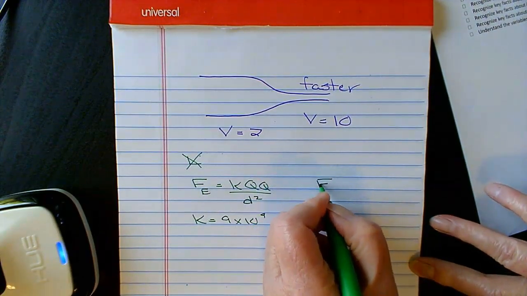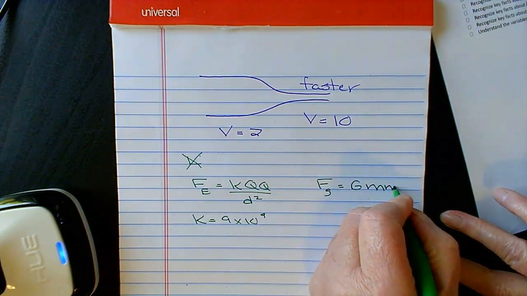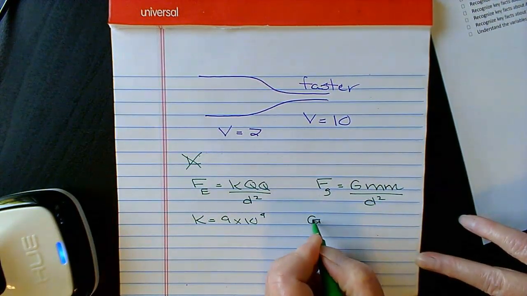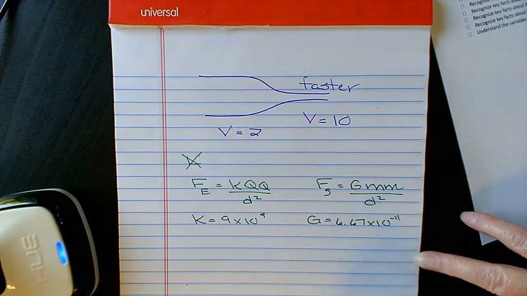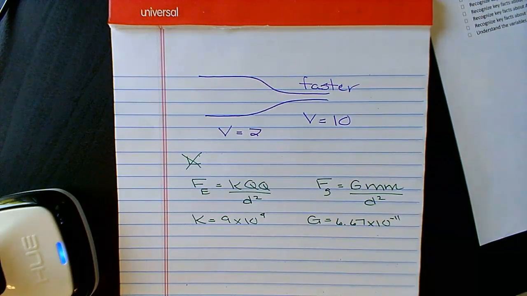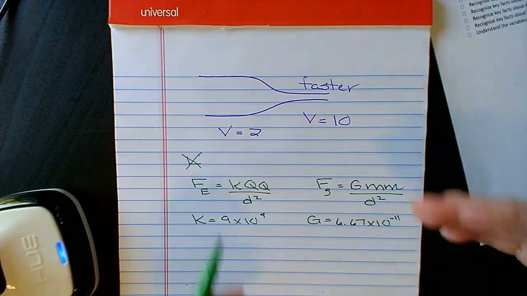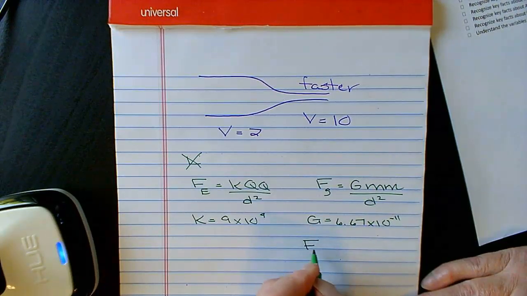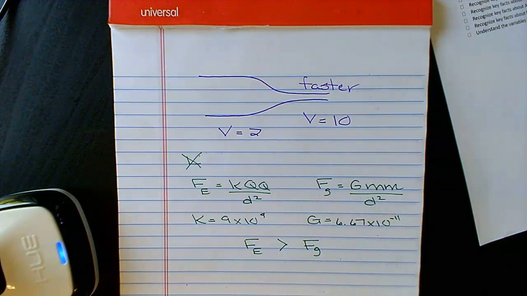And we can compare that to the gravitational force between 2 masses, where we have a constant of 6.67 times 10 to the minus 11. And it's just looking at the symmetry of those equations, knowing what the variables stand for, and also knowing that Fe, the electric force, is always way greater than the gravitational force.